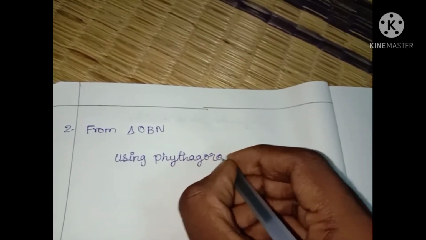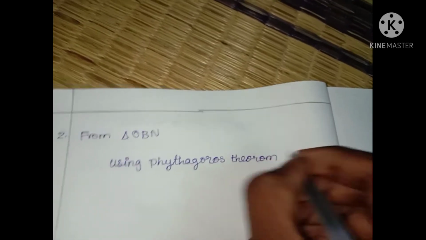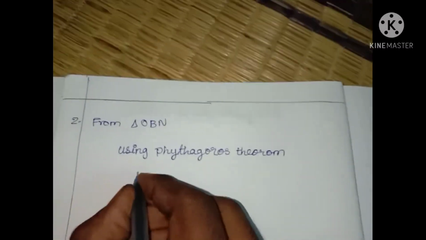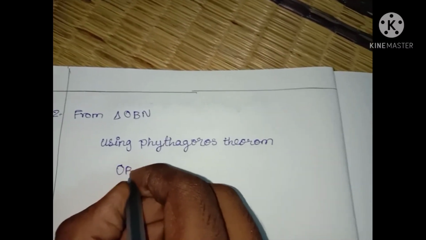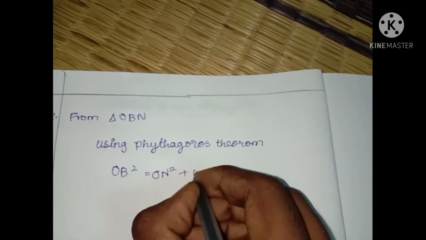Pythagoras theorem is what? OB square is equal to ON square plus BN square. Write this.